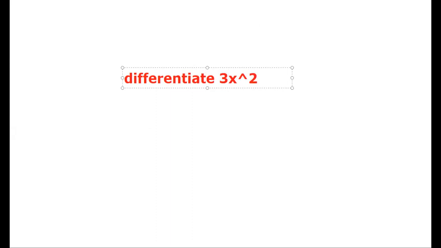Differentiate 3x squared. I want the answer in the group chats. Differentiate 3x squared.